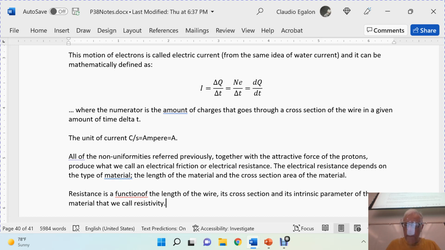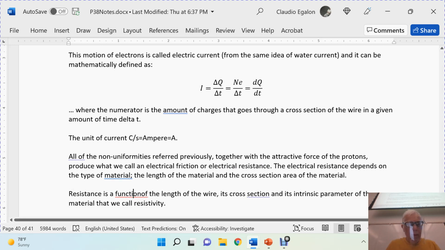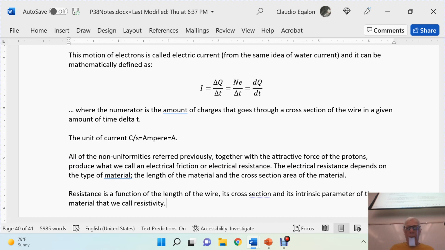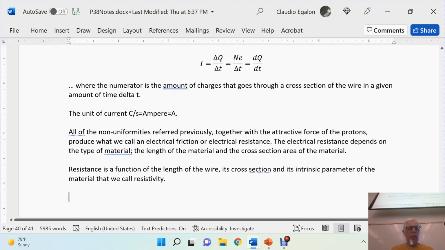Okay, so what we can say is that there is a functional dependence.